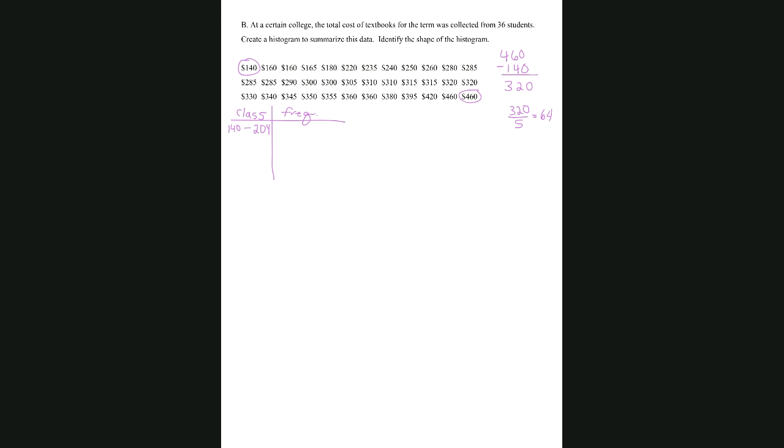So I have 140 to 204, right? So all I did was I said 140 plus 64 is 204. Next, I've got 205 will be the next number. And I'm going to add 64 to that. So 205 to 269.